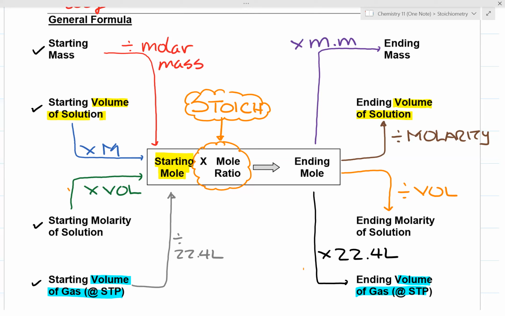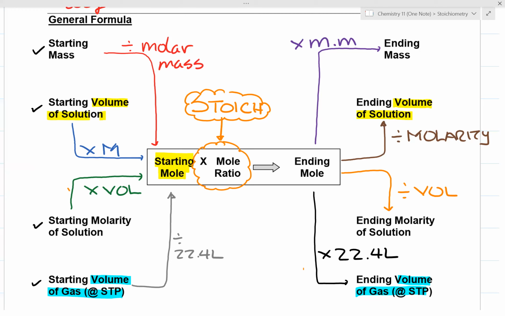So please make sure when you see the volume of something, you first have to say, is it the volume of a solution or volume of a gas? And that will determine how you approach the question and get to moles. Okay, now I want to go over a couple of examples with you just to show you what I mean.